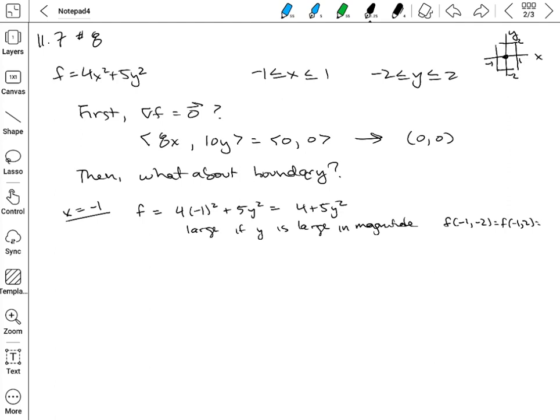So it's going to be 4 plus 5 times 4, which gives me 24. And this value is going to be as small as I can get it if y is 0. So when I plug in x equal to -1 and y equal to 0, I make 4 plus 5y squared as small as possible. It just becomes 4.